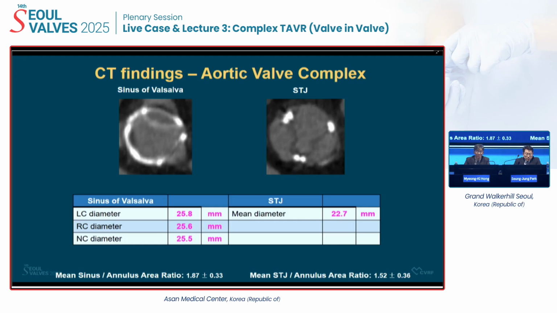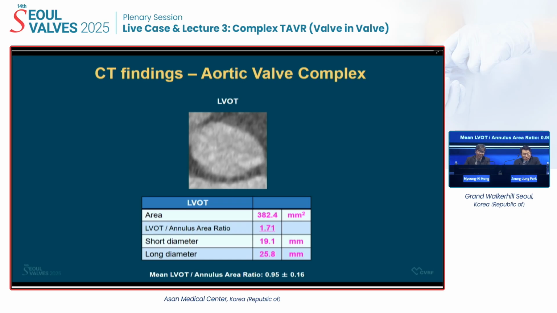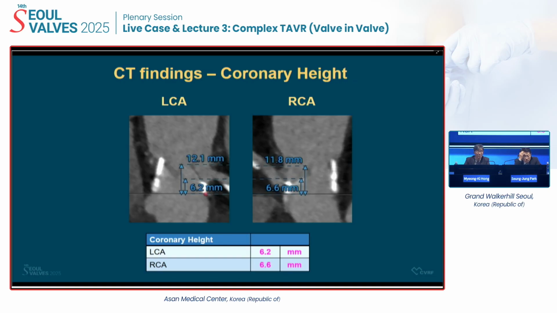And the sinus of the SAVR's diameter was about 24 to 26, and STJ mean diameter was 27. And the sinus to annulus area ratio was 1.7. And then the coronary height of left coronary artery was 6.2 millimeter, and that of the right side is 6.6 millimeters.